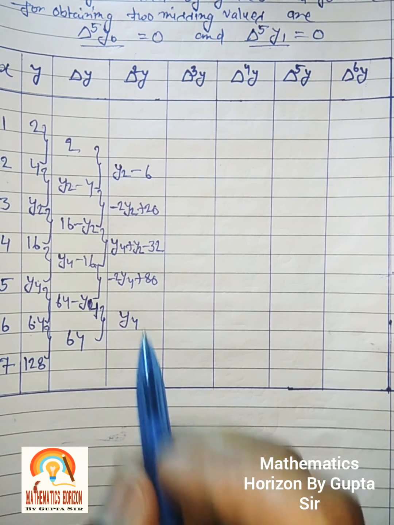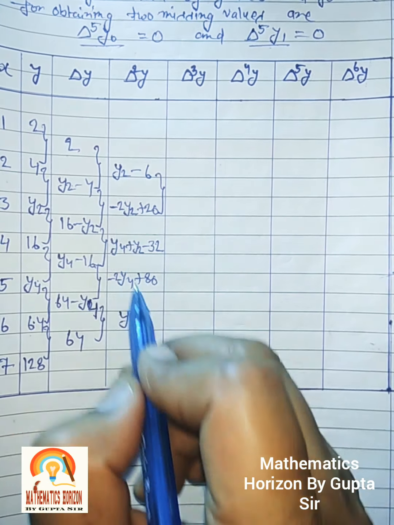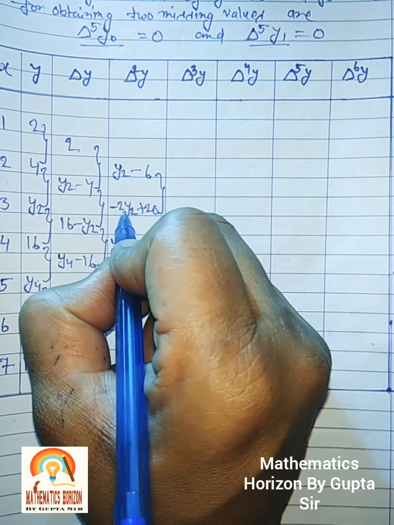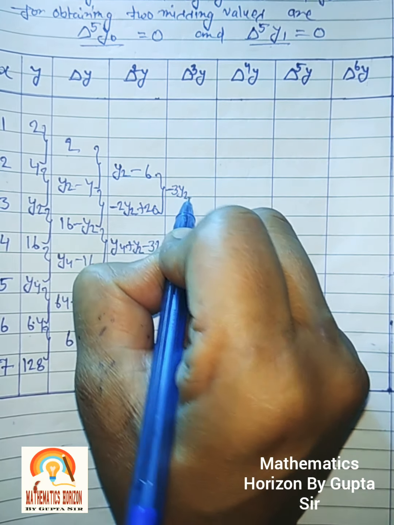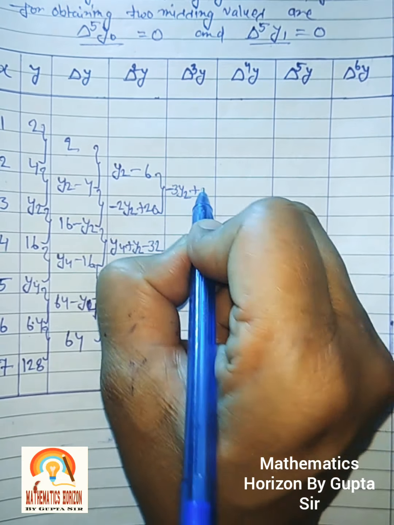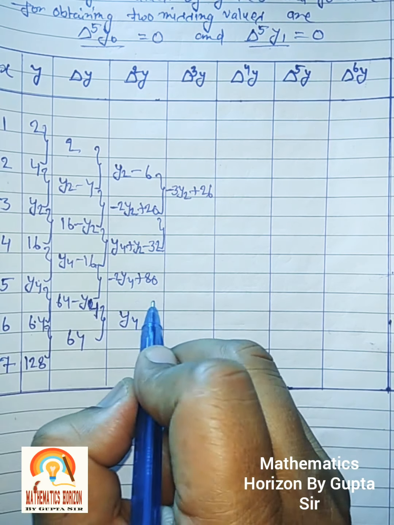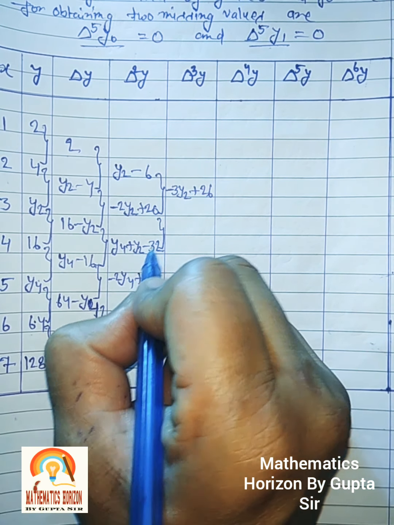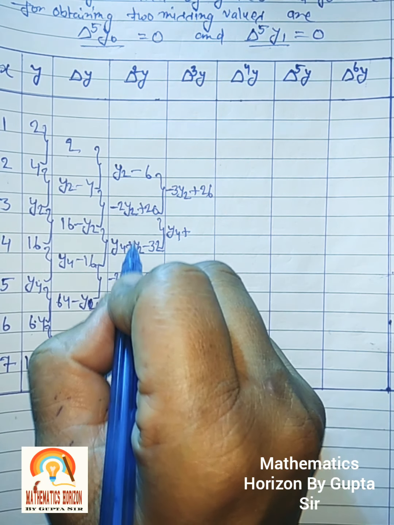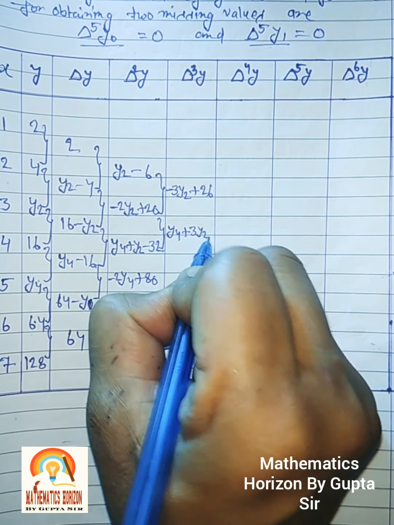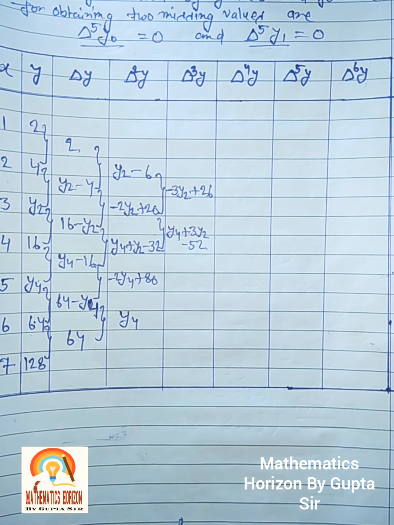Now we calculate differences of third order, means from the difference of these two, that is minus 2y2 minus y2, that is minus 3y2 and plus 26. Differences of these two, here we have y4 plus 3y2 minus 52.